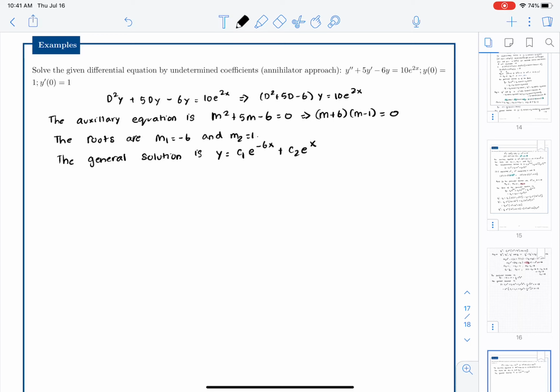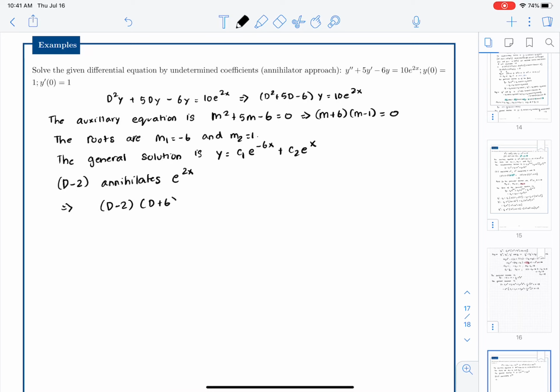We can identify the form of the particular solution by determining the operator that would annihilate the right-hand side. We know D minus 2 annihilates e raised to 2x. So I'm going to multiply both sides of the differential equation by D minus 2.